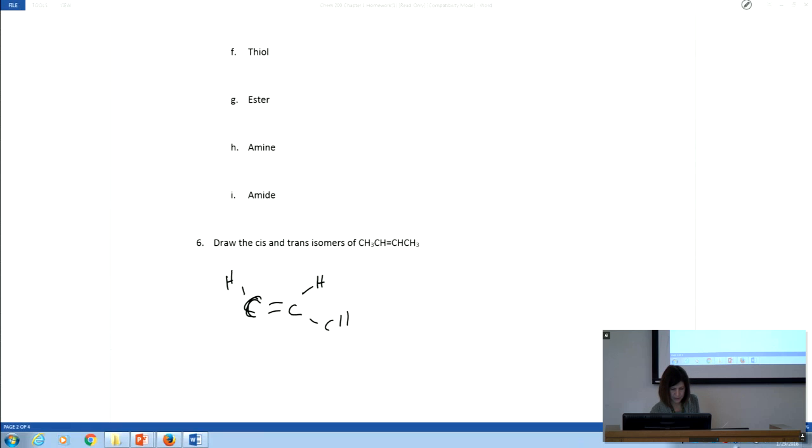Which one am I drawing now? This. The trans. A lot of people have a tough time with this one. They don't know how to draw the cis and the trans, so make sure that you are good with that.